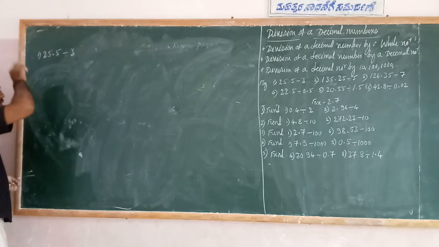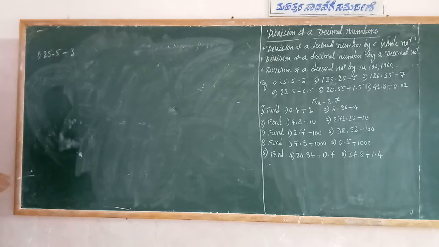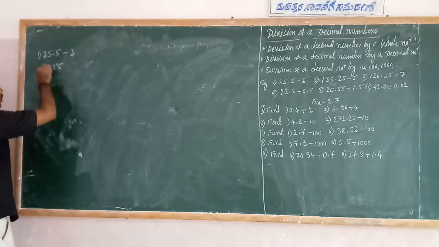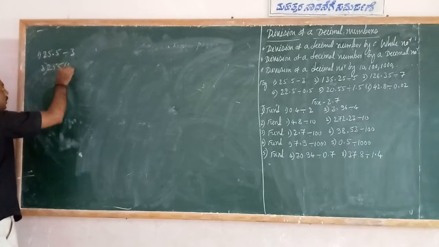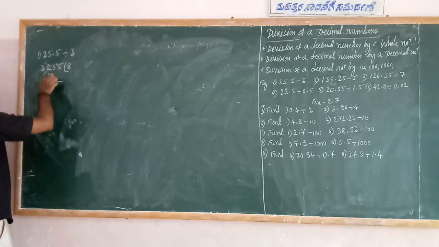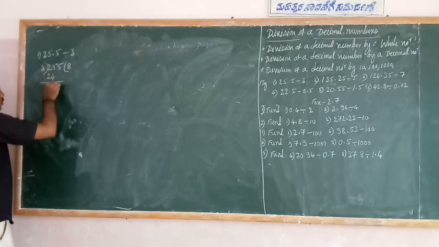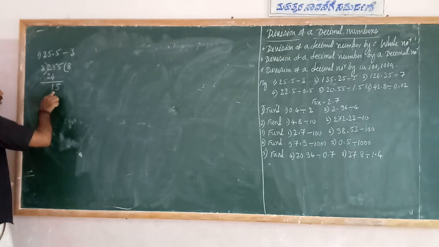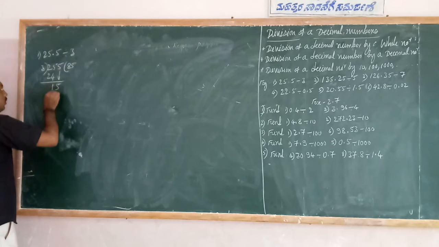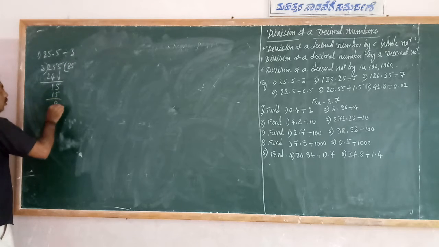As usual, divide it the way you divide a whole number or natural number. First of all, 255, leave the point. Now I have to divide by 3. 3 8s are 24, so what is the remaining here? 1. 5 minus 4 is 1, 2 minus 2 is 0, and the remaining is 5, it becomes 15. Next, 3 how many is 15? 3 5s are 15, so 0.